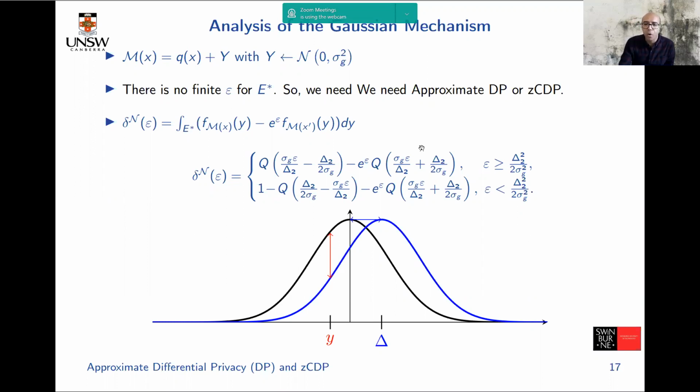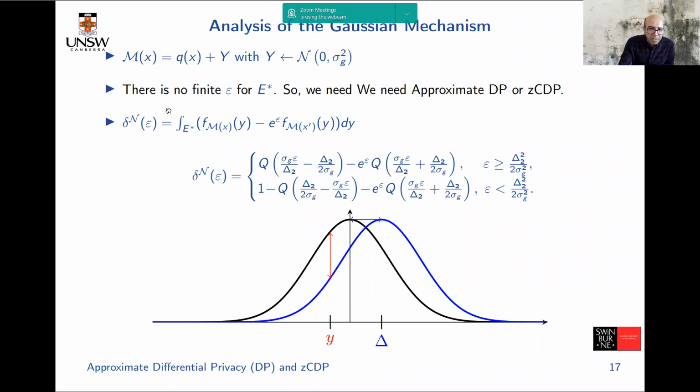And if we want to find the worst-case set to find delta, instead of directly finding the worst-case set and then deriving delta, this is equivalent to finding the answer of this integration on the worst-case set E star.